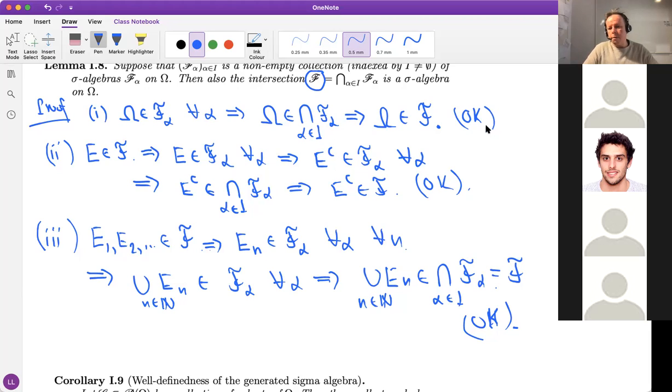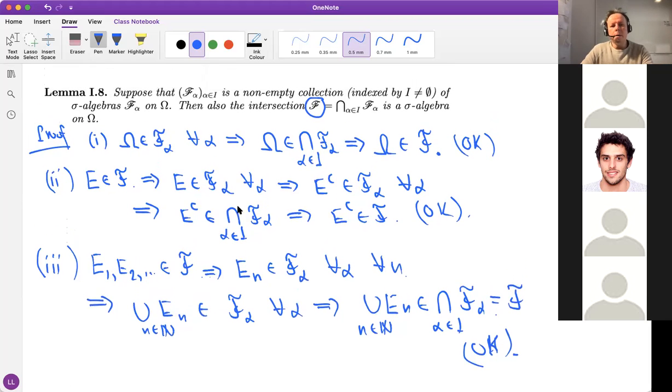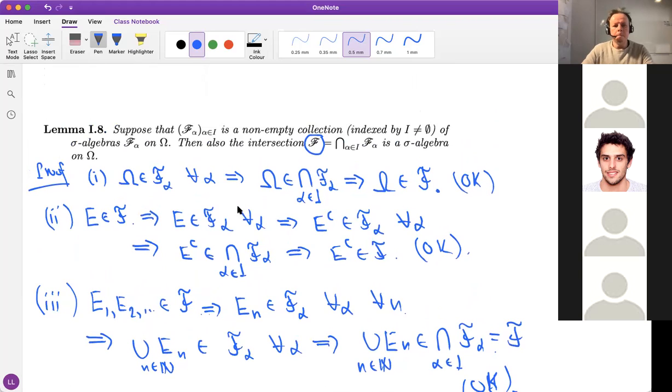And if you look at this carefully, it doesn't matter if I is uncountable. And it actually doesn't matter in each of these parts of the proof. So yes, indeed, we can conclude that I can be uncountable.